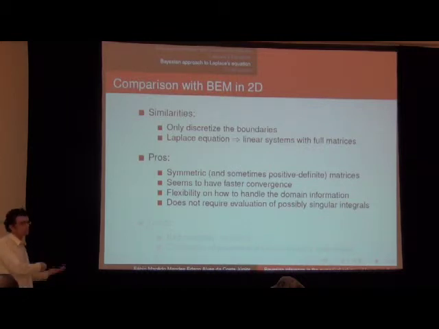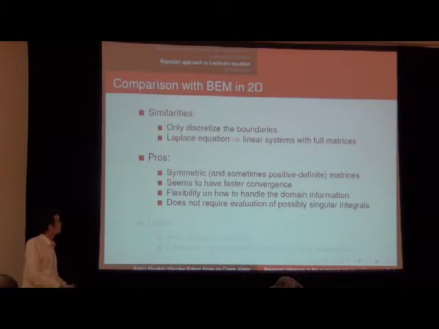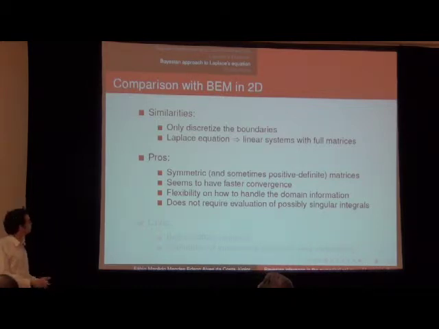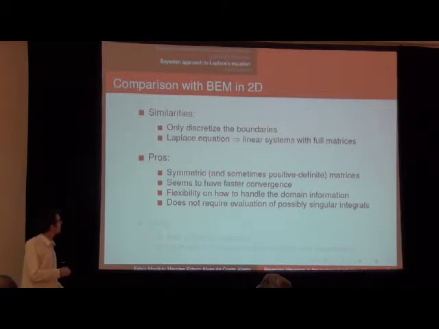Some advantages of this Bayesian method are that these matrices are symmetric, in some cases, depending on which kind of information you use. They are also positive definite matrices, which is a huge gain if you want to do numerics, because it's faster and more stable to use this method. Also, I have made only very early comparisons between the two methods, but it seems that it usually has a faster rate of convergence if you discretize the boundary with more points.